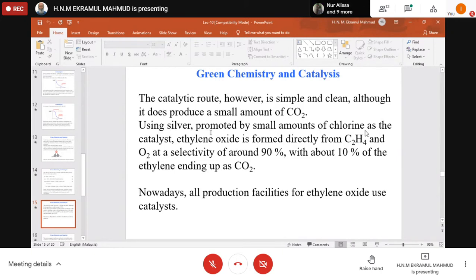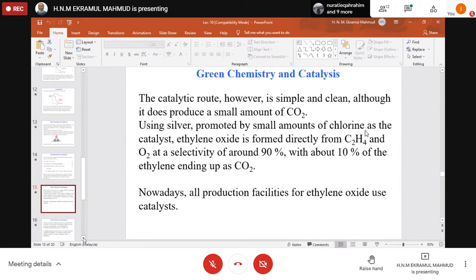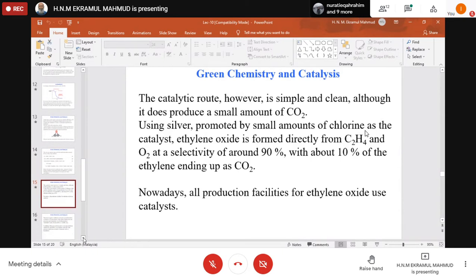So we can say that this is green chemistry, green catalyst, right? The silver is promoted by a small amount of chlorine. So nowadays all production facilities for ethylene oxide use the catalyst. That means the old system has been changed with this catalyst.